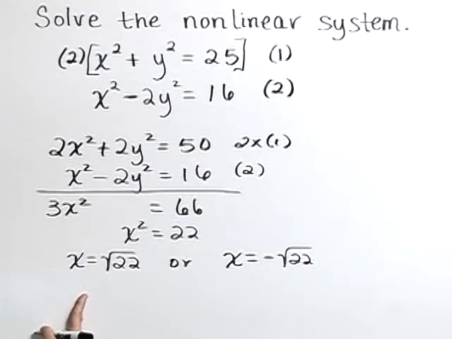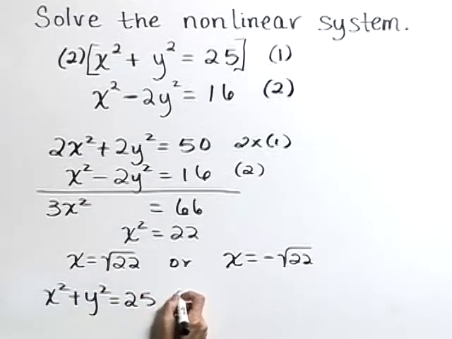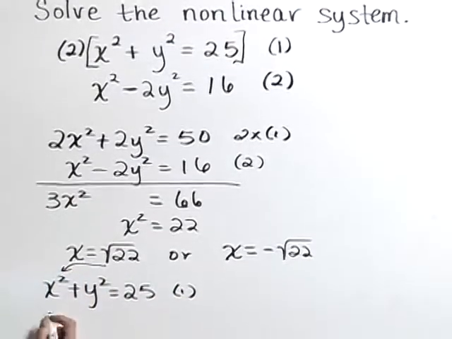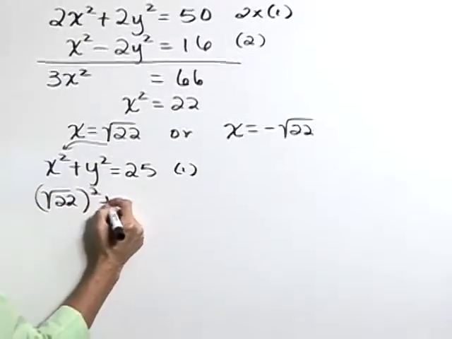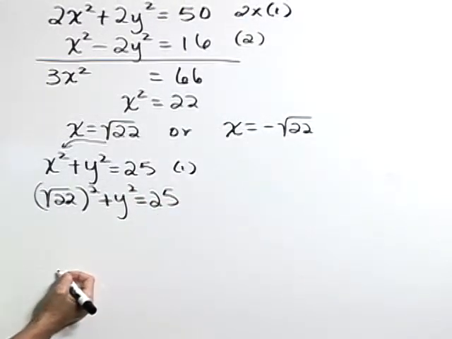Now let's find the value or values of y that go with these. Let's take this value for x and substitute it into equation 1, which is x squared plus y squared equal 25. So our value for x right there. This gives square root of 22 squared plus y squared is 25.